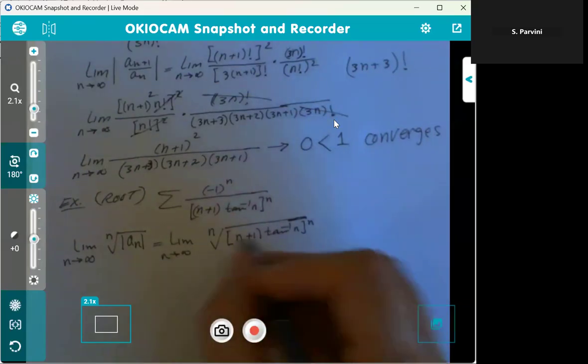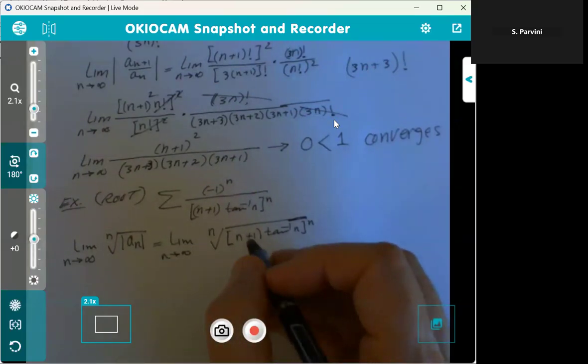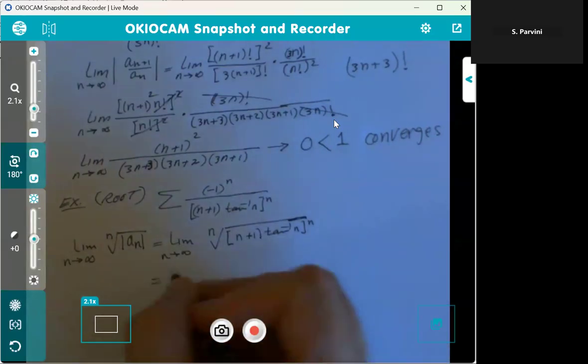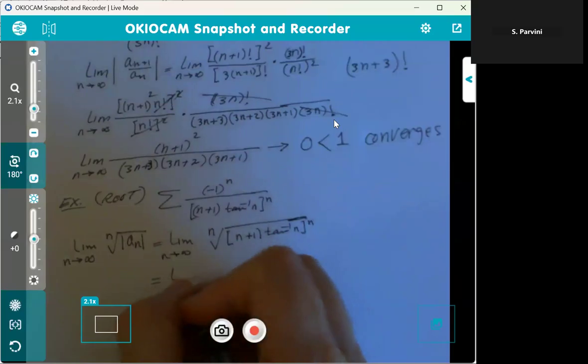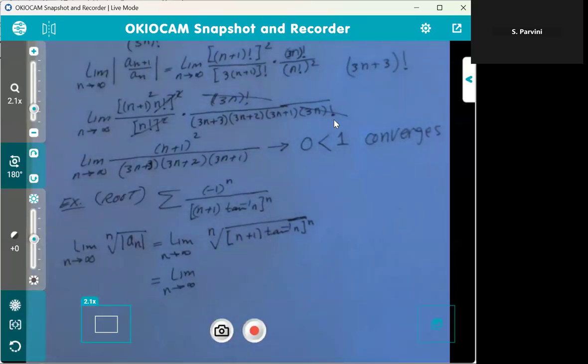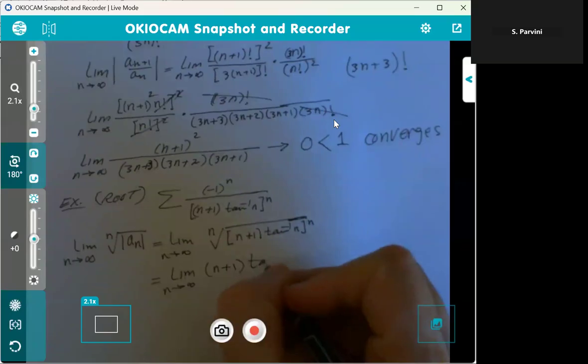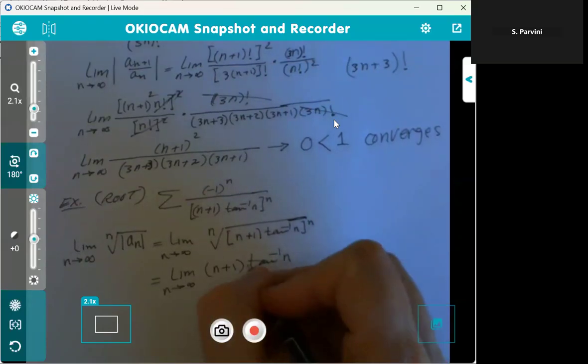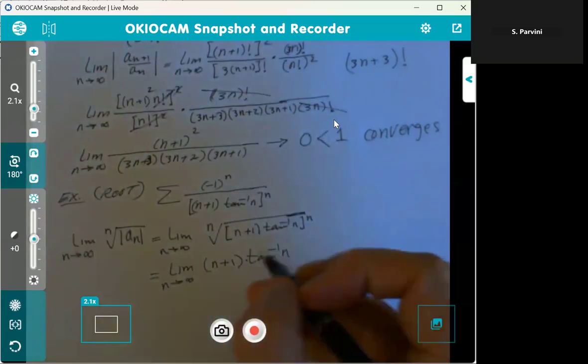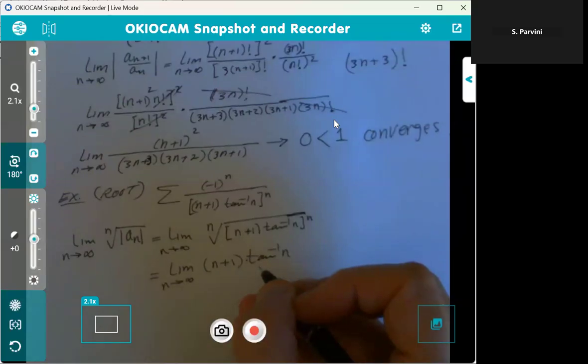So what does the root look like? We're simply going to lose the root. It's going to be the limit as n goes to infinity of (n+1) times the arctan of n. Now, as n goes to infinity, remember the arctan approaches what? Pi over 2, right? We know that one.